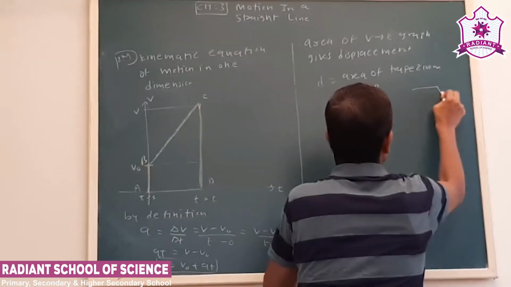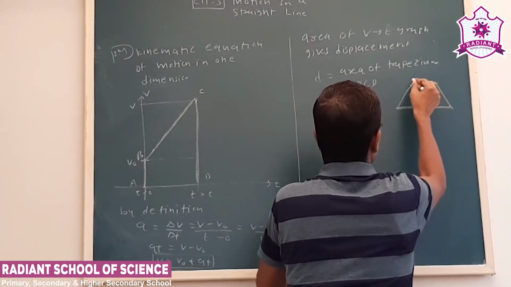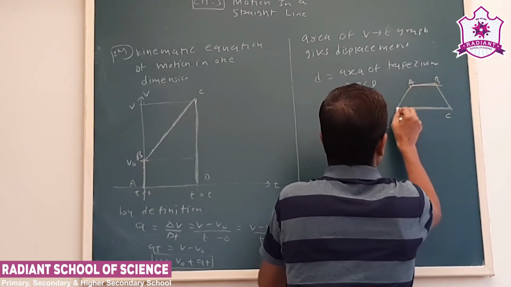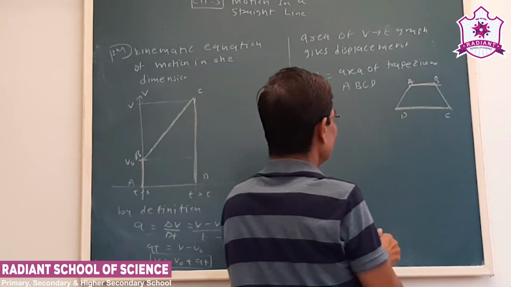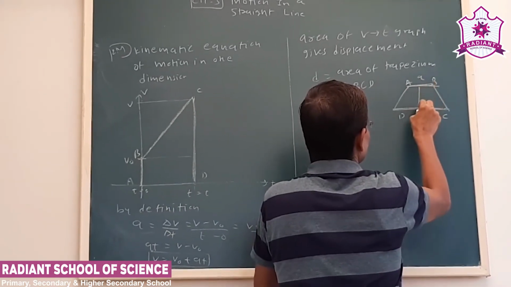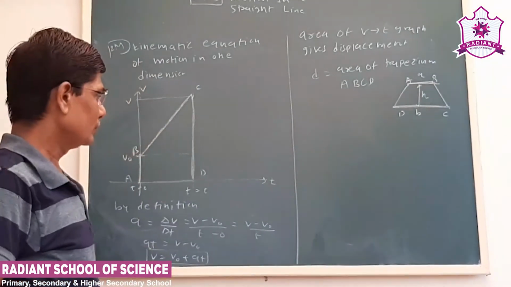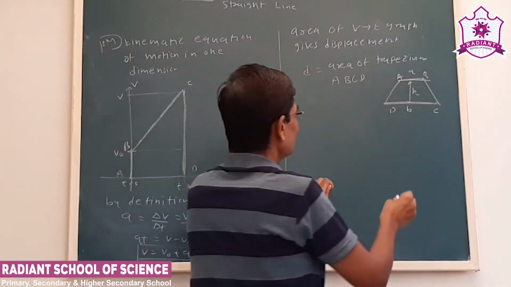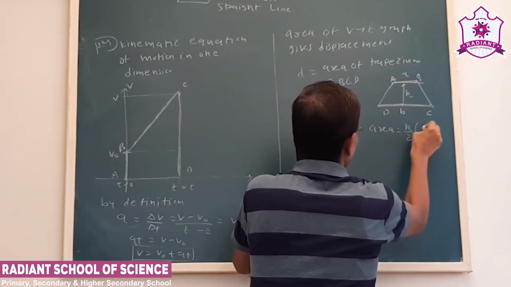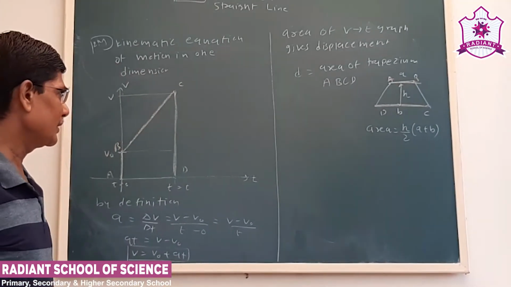We know a trapezium is a quadrilateral with one pair of parallel sides. Let us say A, B, C and D. This is a pair of parallel sides. Let AB length be a, CD be b, and h the perpendicular distance between the two parallel sides. In that case, the area of the trapezium, as we have studied earlier, is h by 2 times a plus b.